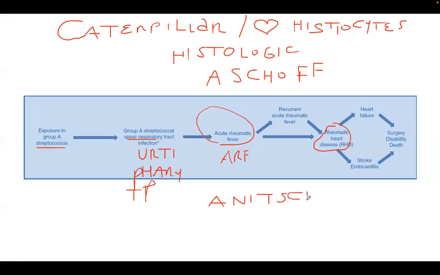Now, if you notice, Anitschkow and Aschoff, they are Russians. Look, RH, that's for rheumatic heart. They are Russians.